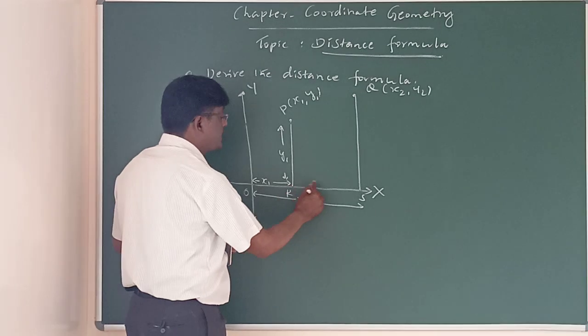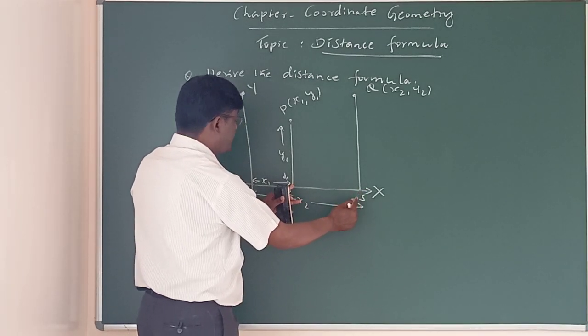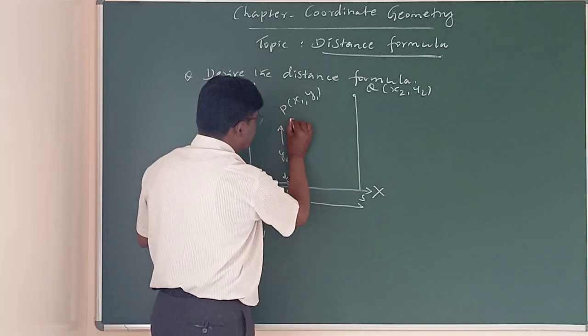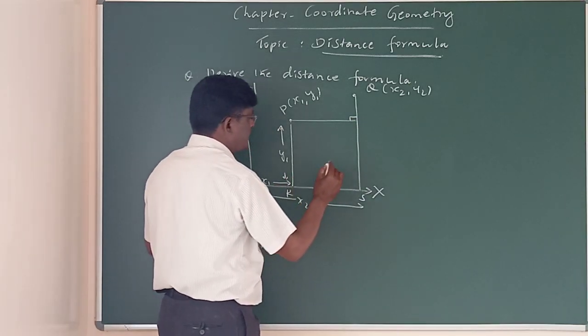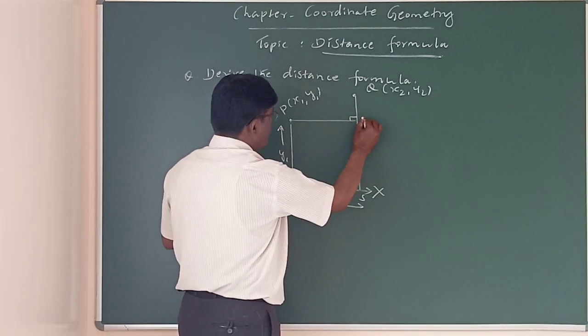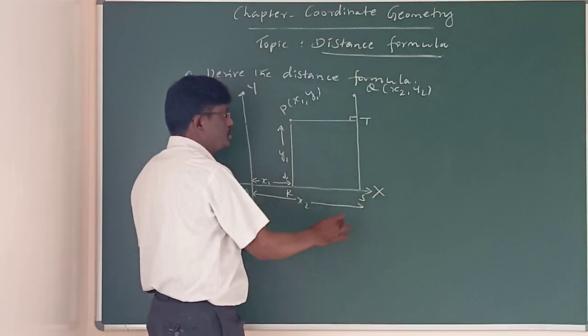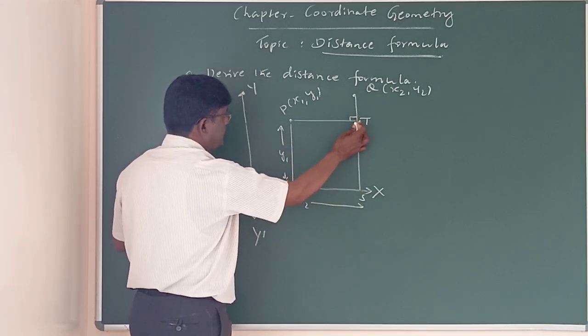Next, RS. What about RS? That is the distance between what? RS is nothing but equal to this perpendicular. Say T, with PT perpendicular to QS. Hence RS equals PT.